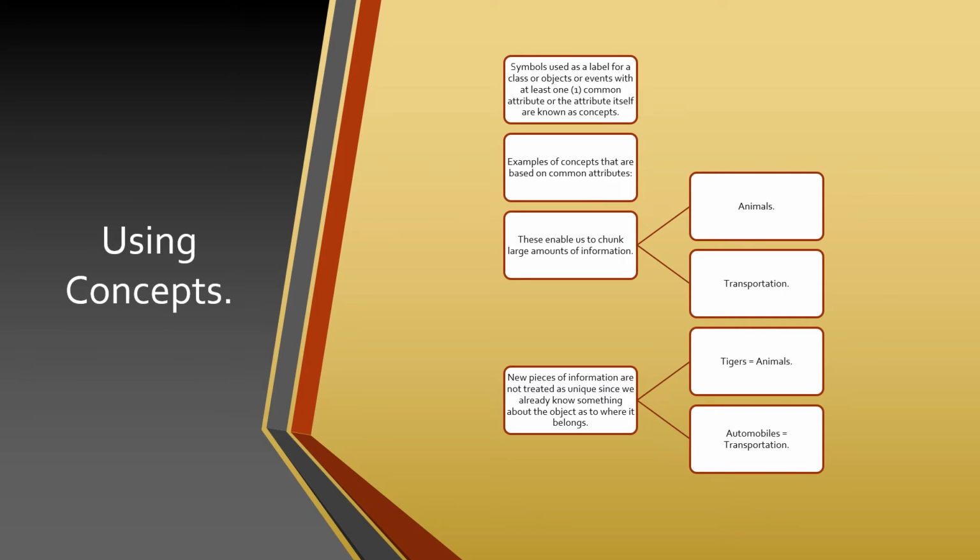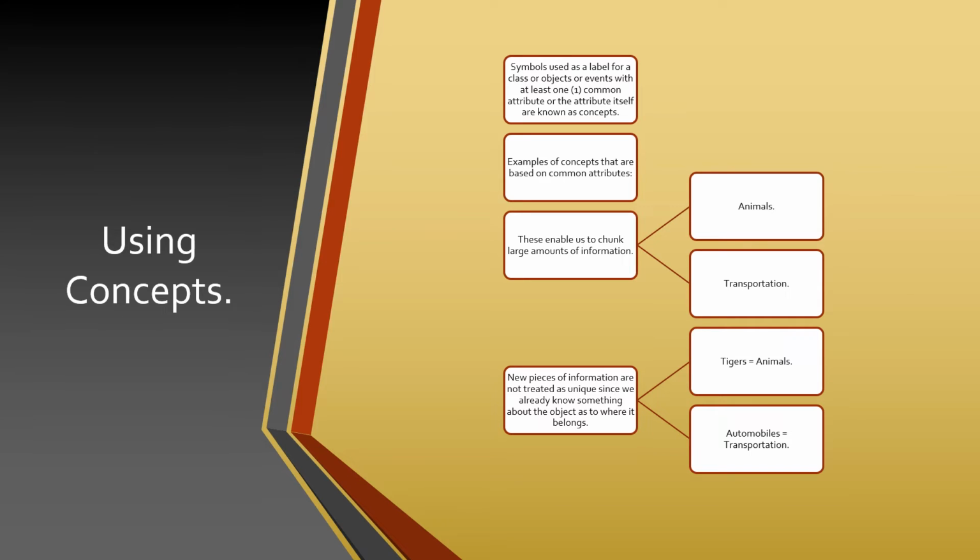So we know that those are two big categories, two very different things, but we can imagine in our head what those concepts include. A dog, a cat for animals; transportation, an airplane, a train. And new pieces of information are not treated as unique since we already know something about those objects as to where they belong.